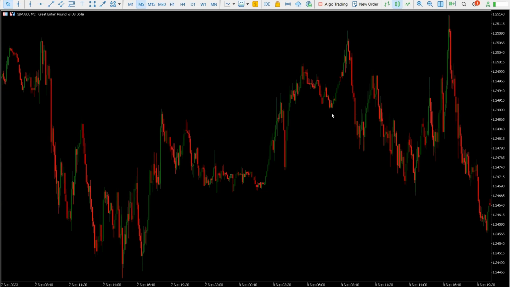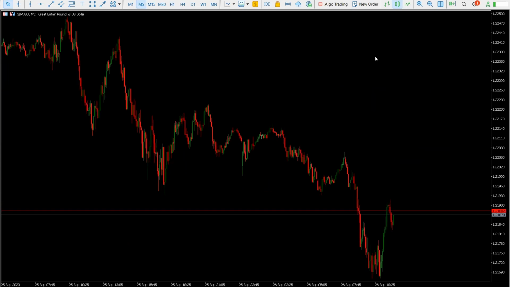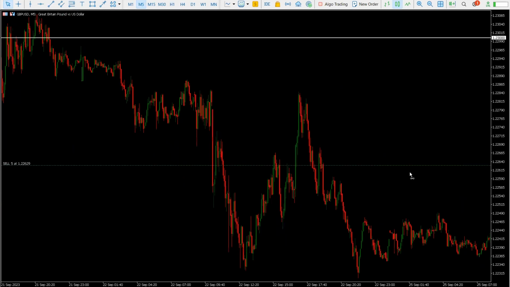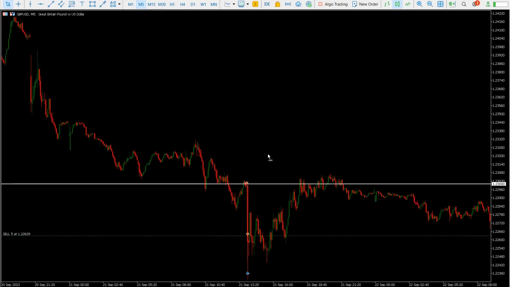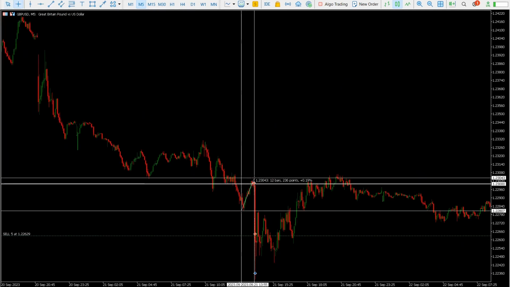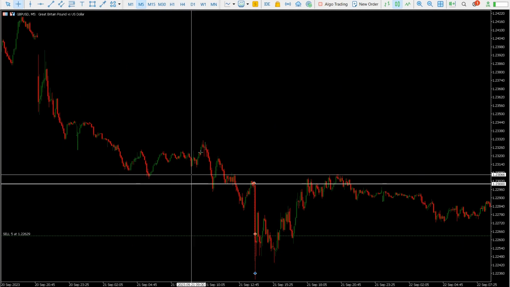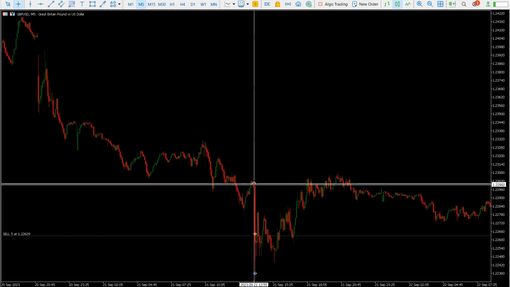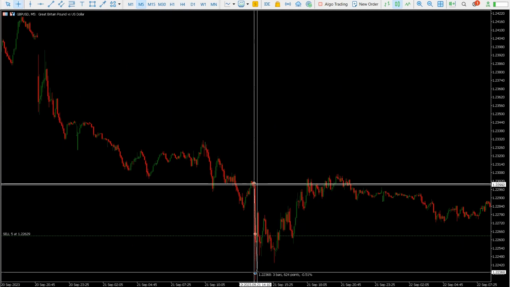It wasn't luck, I can guarantee you that. It was purely because I know what I'm doing. So we came back to this area of this little box, and I just shorted, and it was pretty quick, 5 minutes, 62 pips.